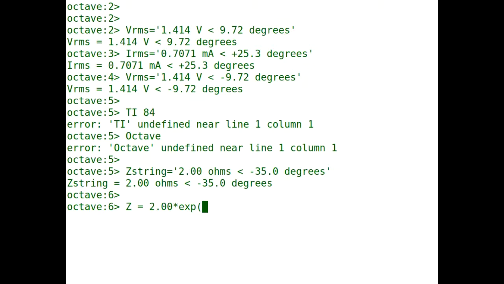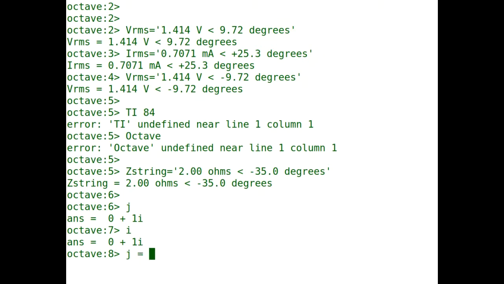And now I'm going to put in J. I mentioned J before. J is equal to the square root of -1. J is already in Octave, and the letter I is also in Octave. They're both the square root of -1. So J is equal to I, which is equal to the square root of -1.